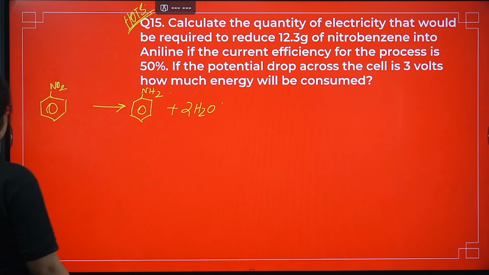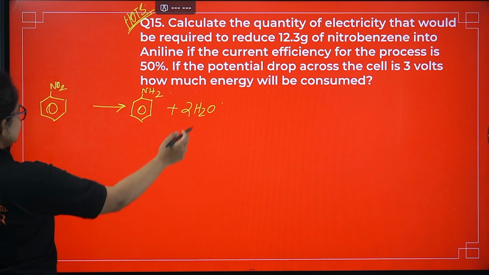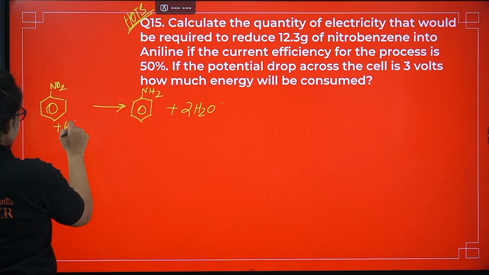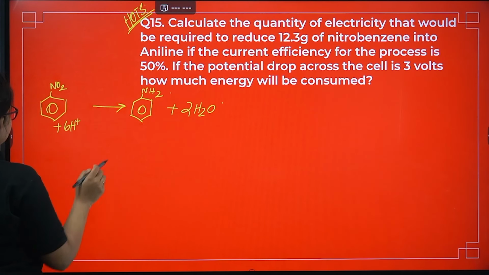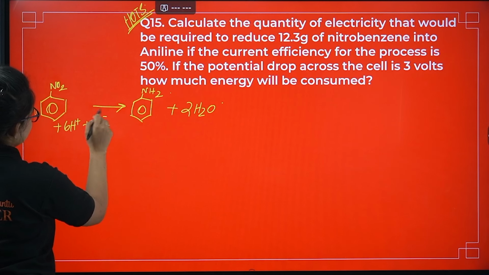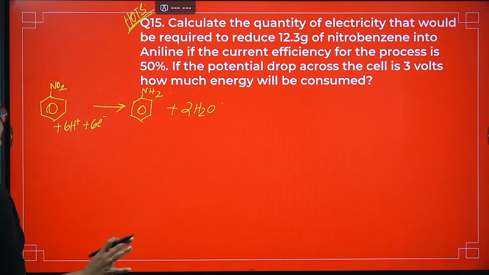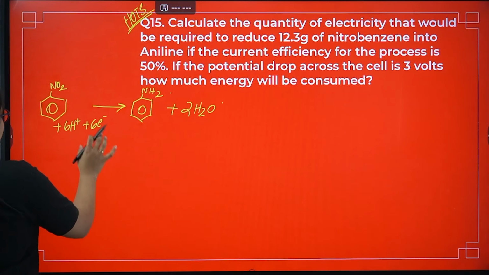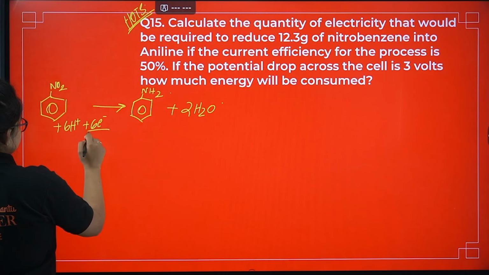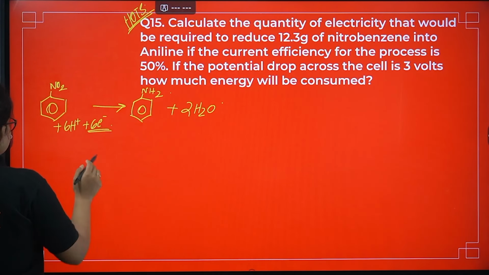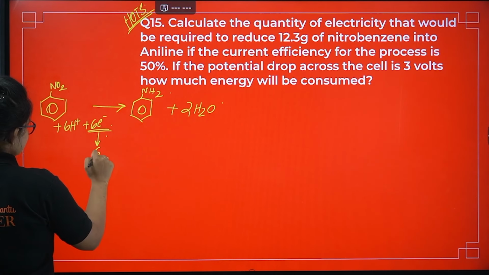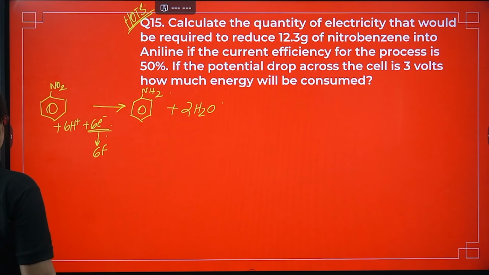So 2H2O means total how many hydrogen comes? 6 hydrogen, so 6H plus, right? To balance it, I am adding 6 electron. Ion electron method I applied here, nothing else. Okay, so 6 electron I need here. 6 electron means I can get 6 Faraday. 6 Faraday charge is required.